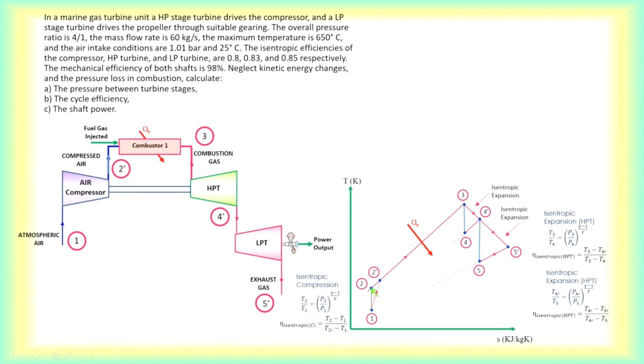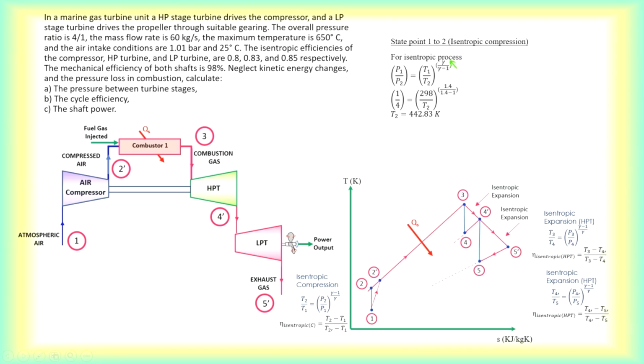Temperature T1 is given. So we find temperature T2 by considering the isentropic compression of state point 1 to 2. For any isentropic process, the isentropic relationship between pressure and temperature is slightly different from this. This one I purposely moved the power here towards the left-hand side, so it is the reciprocal.